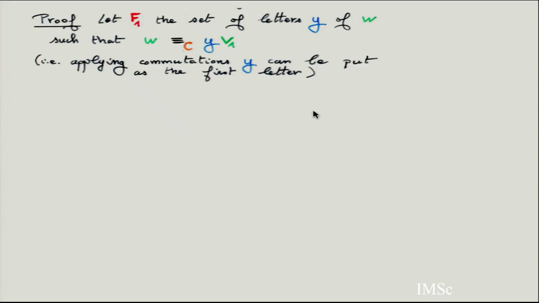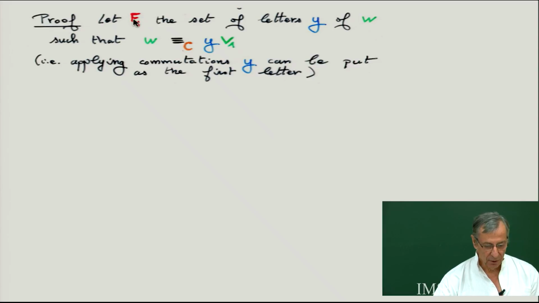So, proof. I define F1, the set of letters Y of the word W, such that W is equivalent for the commutation with a certain word Y multiplied by a certain V1. What does it mean?